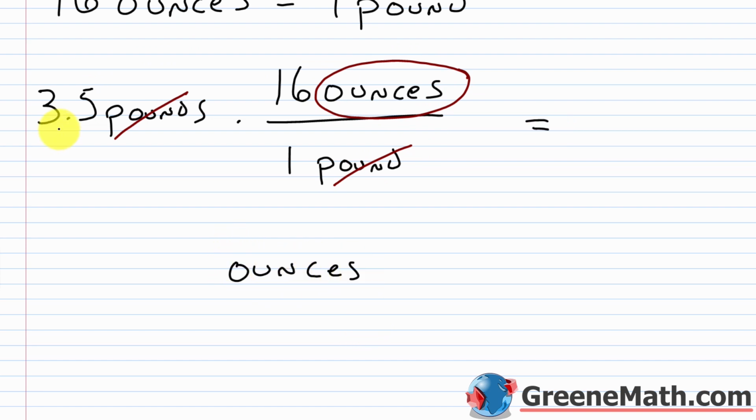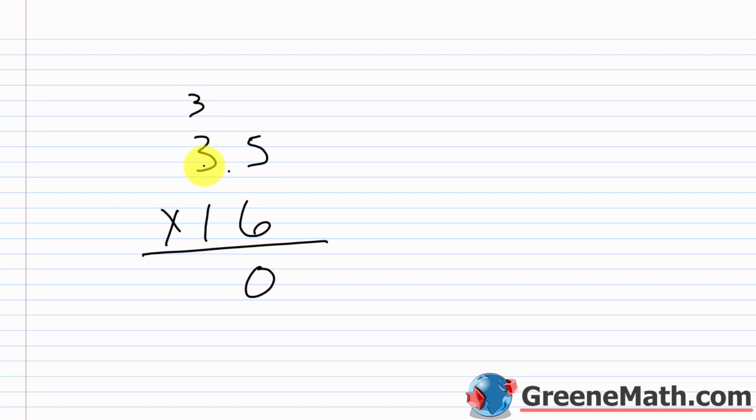And basically all I have is 3.5 times 16. So 3.5 times 16. And again, you can just ignore that decimal point for now. 6 times 5 is 30. Put a 0 down, carry the 3. 6 times 3 is 18. Plus 3 is going to be 21. Now we have 1 times 35, and that's 35.